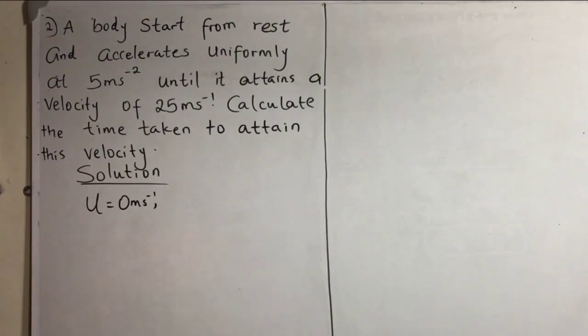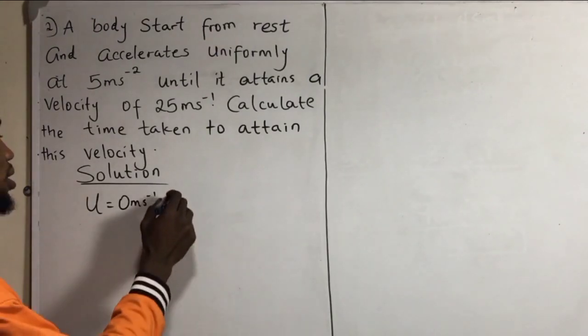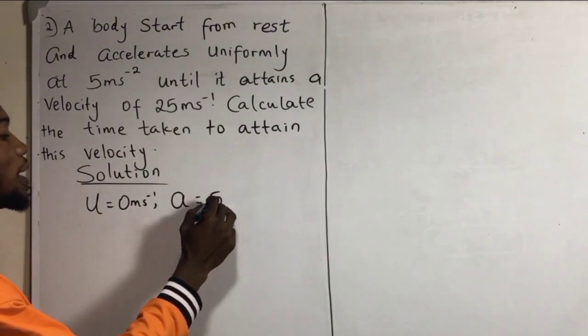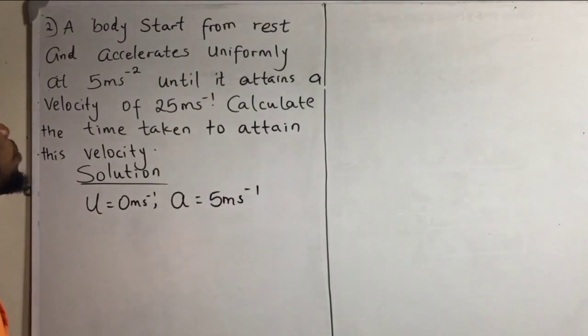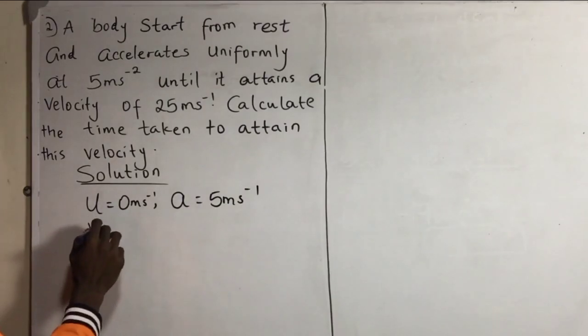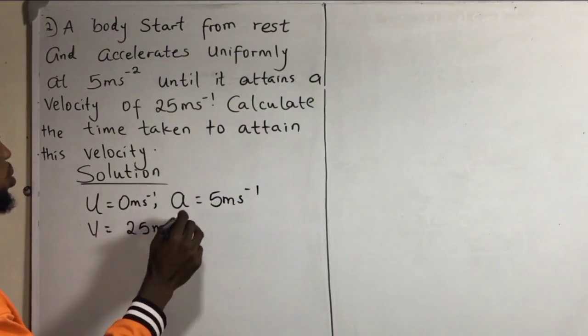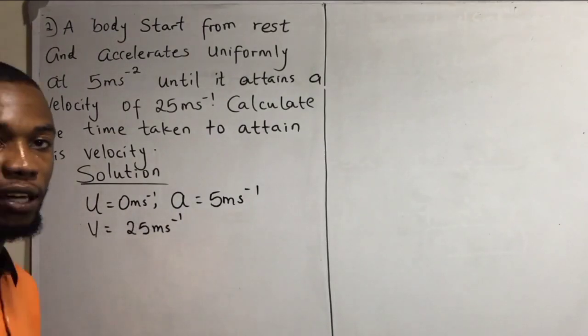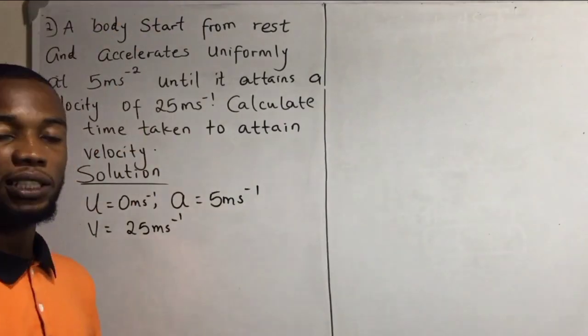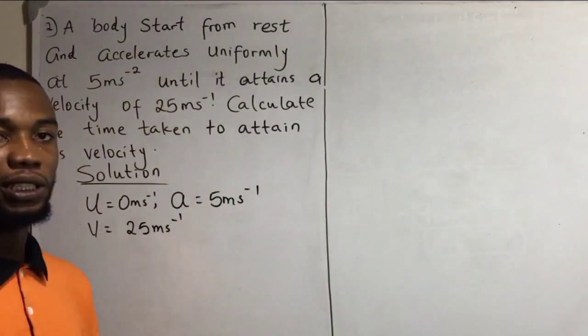And accelerates uniformly at 5 meters per second squared. That's our acceleration, equal to 5 meters per second squared. Until it attains a velocity of 25, we are told that it has a velocity of 25 meters per second, which is the final velocity. When it starts from rest, it attains its maximum velocity to be 25 meters per second.